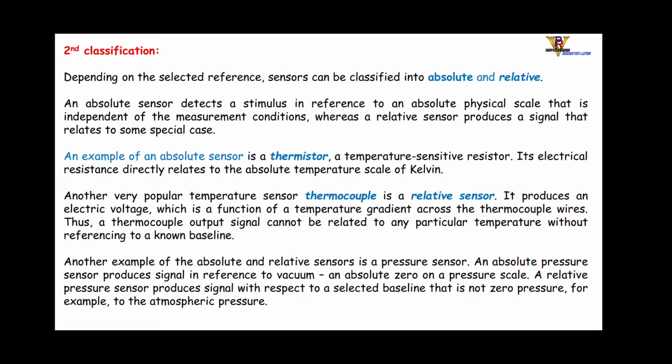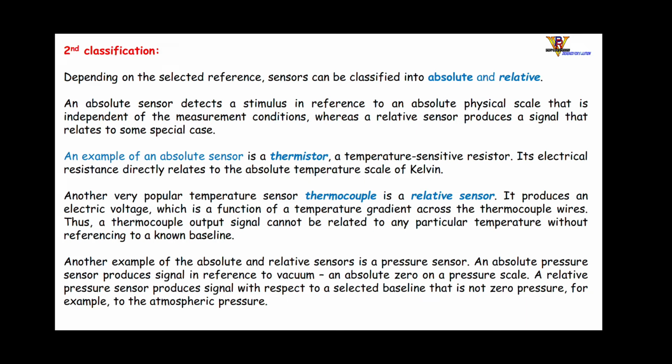It detects a stimulus in reference to an absolute physical scale that is independent of the measurement conditions. A relative sensor produces a signal that relates to some special cases. So in the case of an absolute sensor, a stimulus is to be referred to an absolute scale.